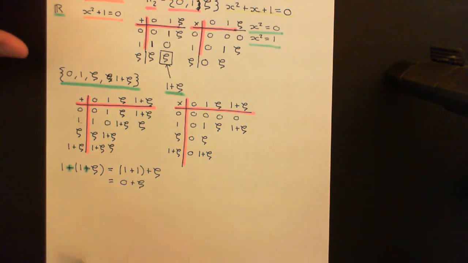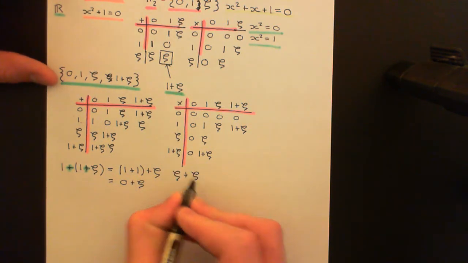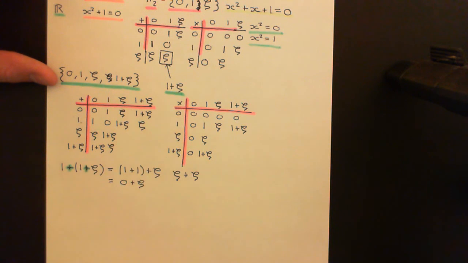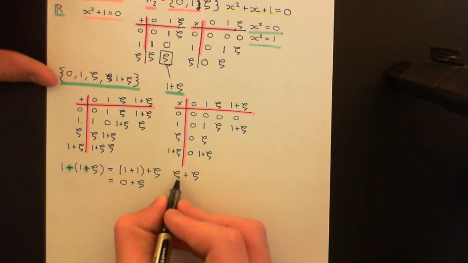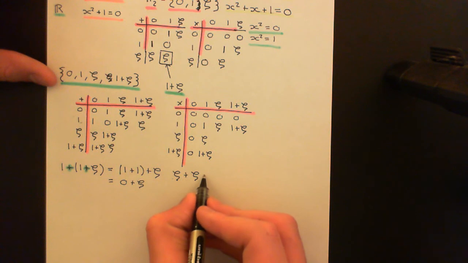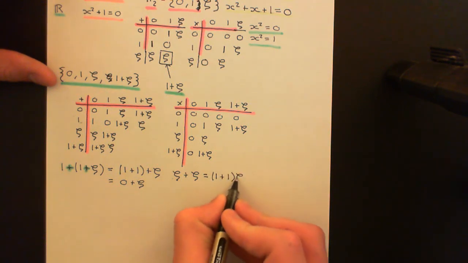Right, let's do it again. So zeta plus zeta then, the next one, this entry here. How are we going to do that? Well, remember, we want this to be a ring. So we want distributivity to be true, so we could factor out zeta here. We could view each of these as 1 times zeta plus 1 times zeta, and then factor out the zeta, so this becomes (1 plus 1) times zeta.